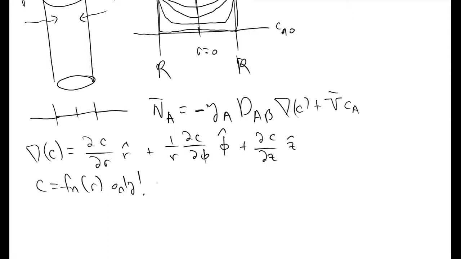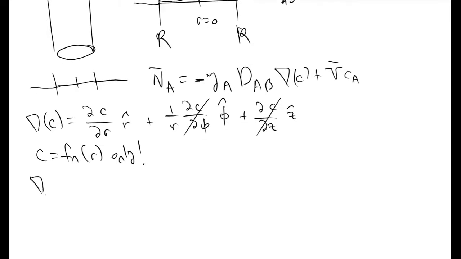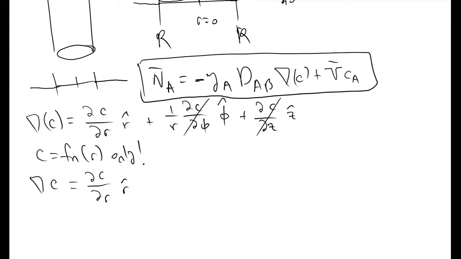Because C is not a function of phi or z, we can cancel these terms out, and we are left with the gradient of C equal to dc dr times the radial unit vector. Just to clarify, in this flux vector equation, every term must also be a vector. Because YA and DAB are scalars, the gradient of a scalar must be a vector to make this equation agree.